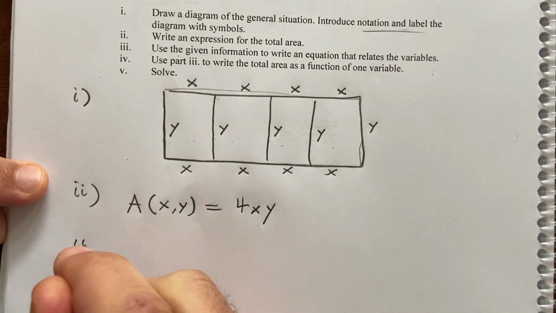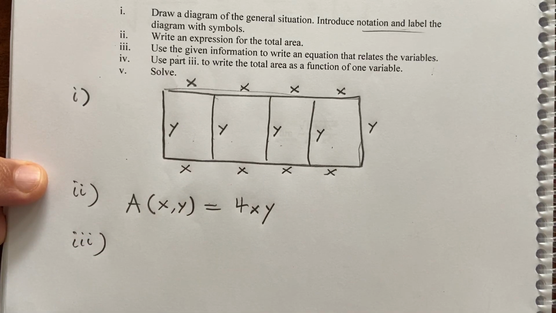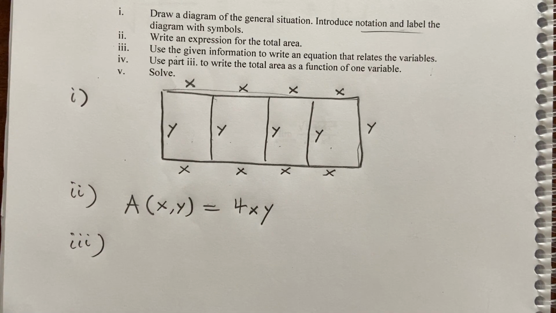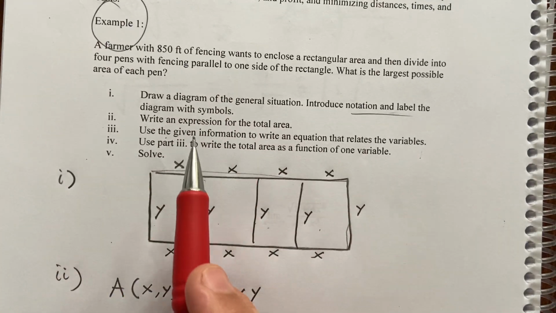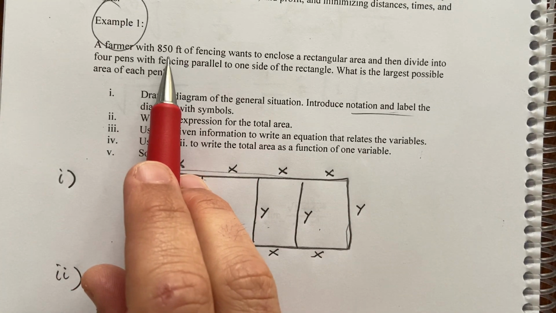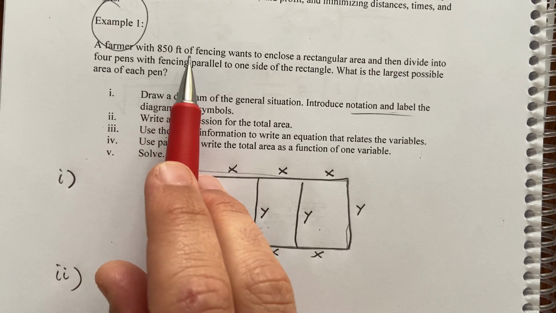So part 3 says, use the given information to write an equation that relates the variables. So now we want to relate x to y. So I know that in this problem, we have only 850 feet of fencing to use.